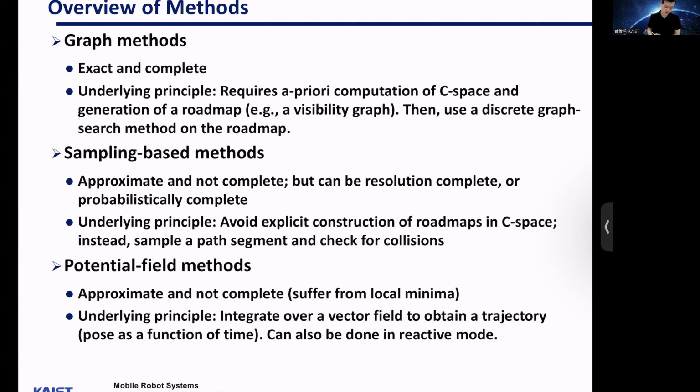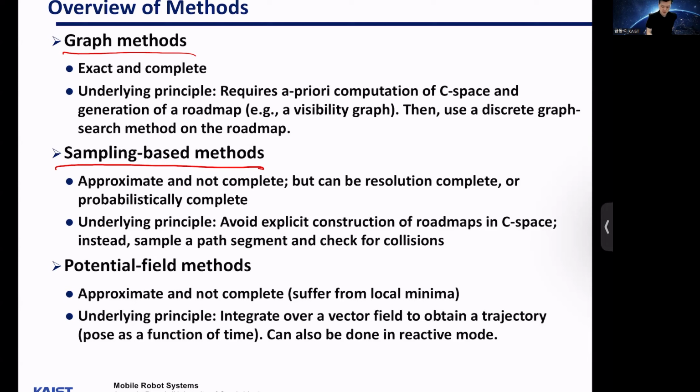So an overview of those three methods is described here. Graph methods are exact and complete. The underlying principle is that they require a priori computation of C-space and generation of a roadmap, then use a discrete graph search method on the roadmap. Sampling-based methods are approximate and not complete, but can be resolution complete or probabilistically complete.